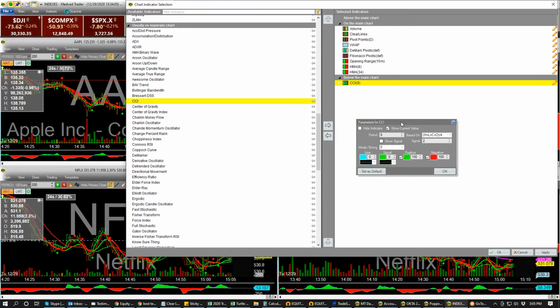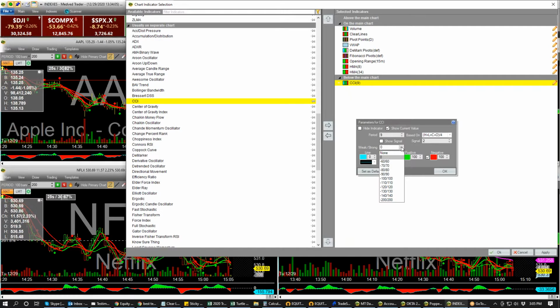The period is 9. And then under based on, I have high plus low plus close plus open divided by 4. Signal 2, but we're not using that. And then here's a real important, where it says weak or strong, you set that to 0. Set that to 0.